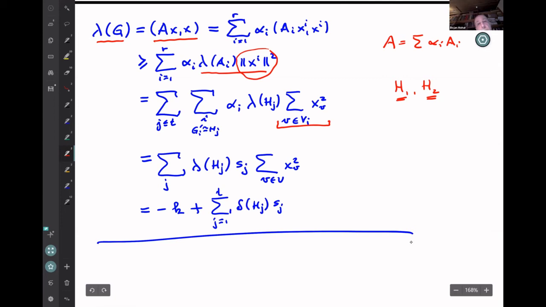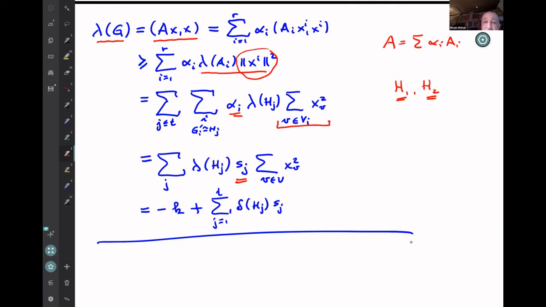Here this sum is shorter. It doesn't contain all coordinates of the vector x. But because of the homogeneity, x_v in this triple sum appears the same number of times for every vertex v. Together with the weights alpha_i, this comes from the definition of those numbers S_j, in our first lemma.